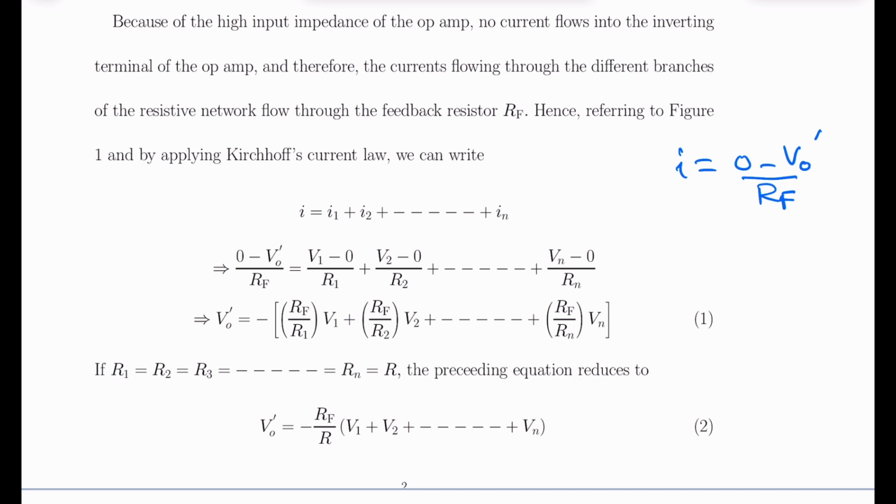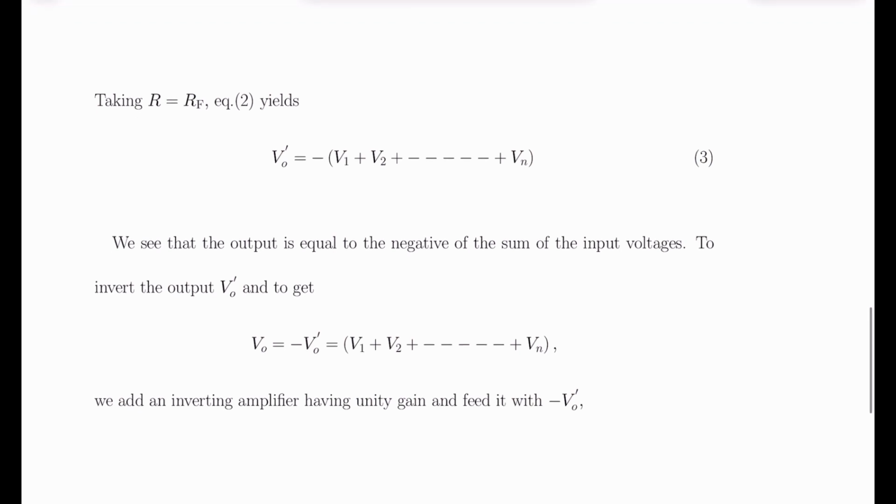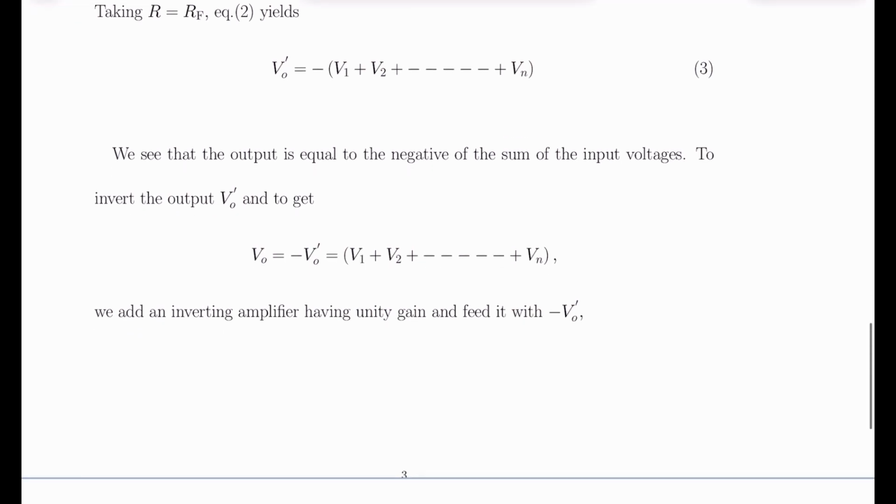So you see from here that the output of the operational amplifier is equal to the negative of the sum of the potentials multiplied by a factor Rf upon R with a negative sign. If I take Rf and R equal, then we have V naught dash is minus V1 plus V2 plus Vn. This is our equation 3.